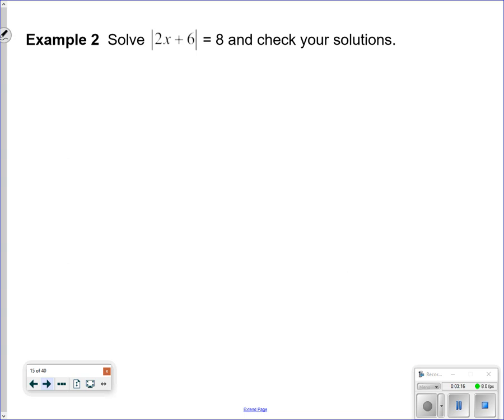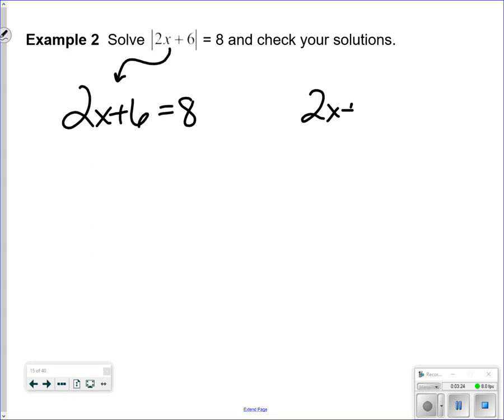So we're good here. So now, then 2x plus 6, whatever is inside the absolute value needs to equal the positive 8. And whatever is inside the absolute value needs to equal the negative 8. Notice, I did not change anything about what was inside the absolute value. So that doesn't change, merely how far you go, a positive and a negative 8.